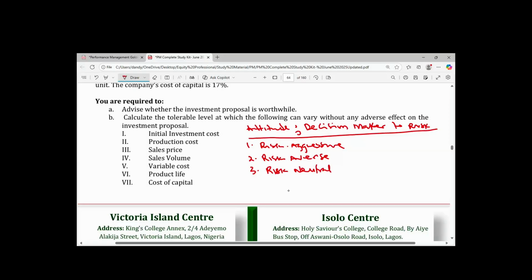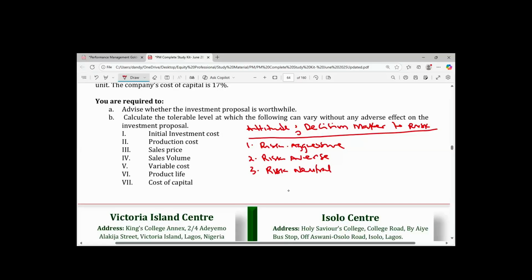Now, what do you mean by risk aggressive? A risk aggressive decision maker is also known as a risk taker who seeks to achieve the highest return at the highest level of risk. As a risk taker, you are less concerned; what you want to achieve is just maximum return irrespective of the level of the risk.